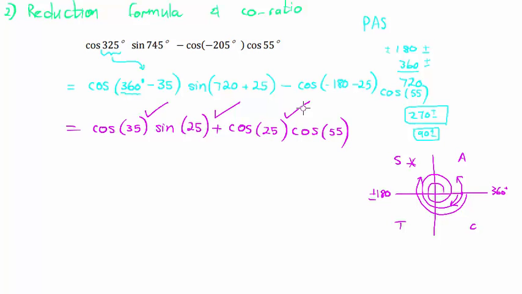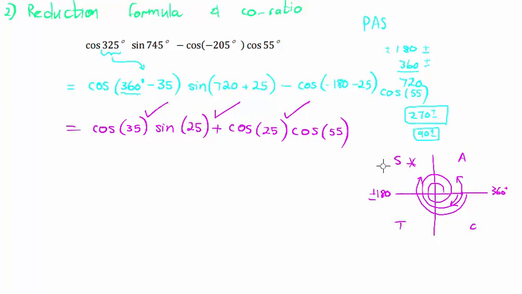Can't we change cos 55? Yes, we can. Into what? 35 plus 25, I think. I'm not sure. To sine. Because 55 plus what gives me 90?